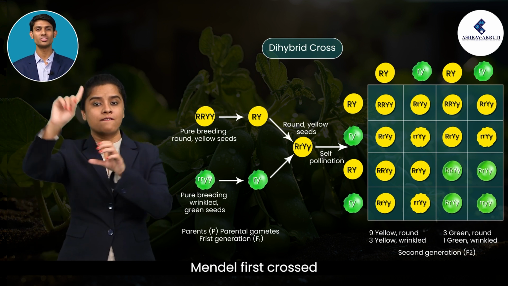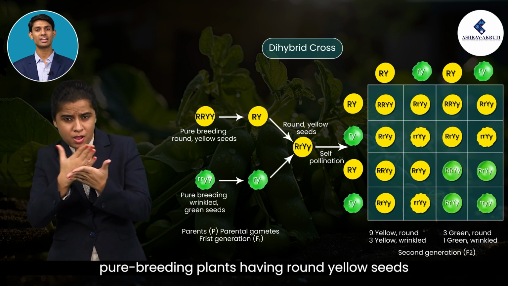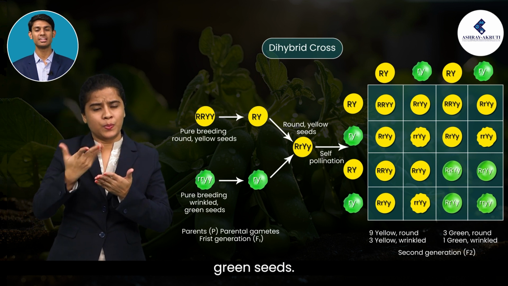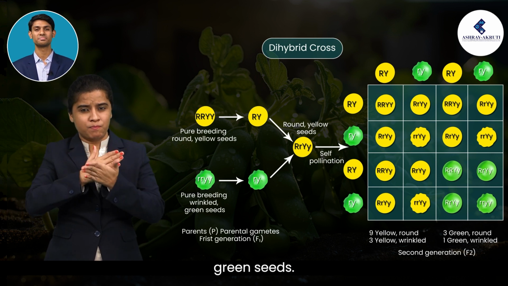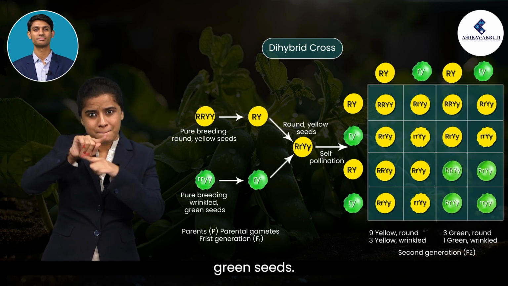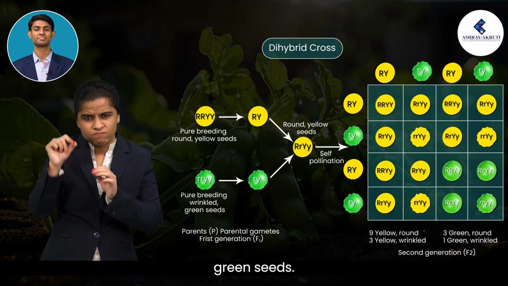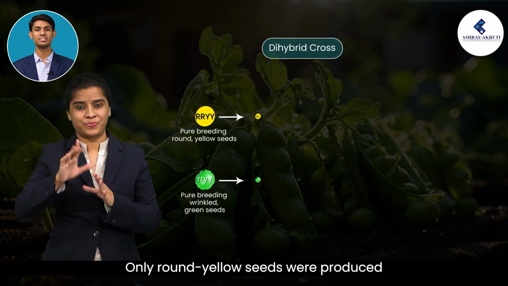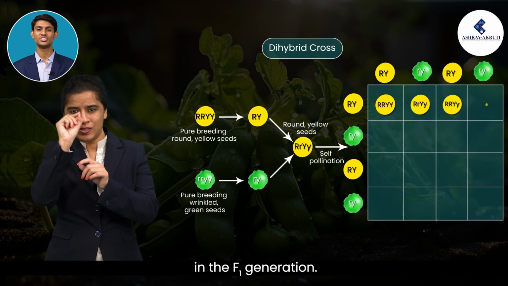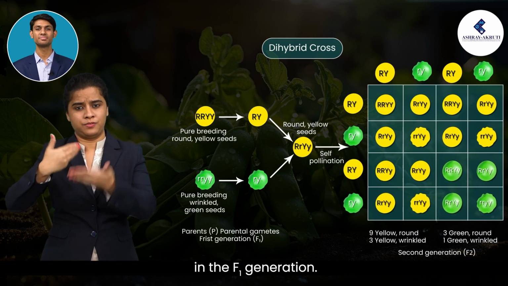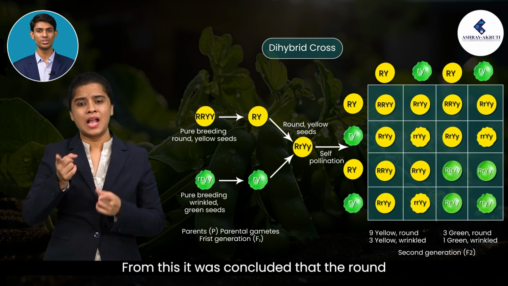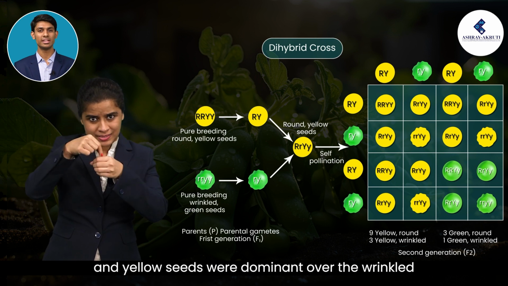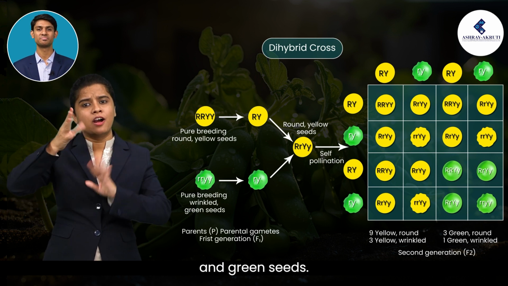Mendel first crossed pure breeding plants having round yellow seeds with pure breeding plants having wrinkled green seeds. Only round yellow seeds were produced in the F1 generation. From this, it was concluded that the round and yellow seeds were dominant over the wrinkled and green seeds.